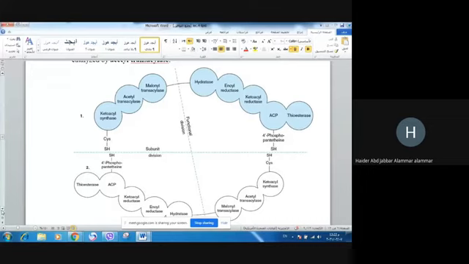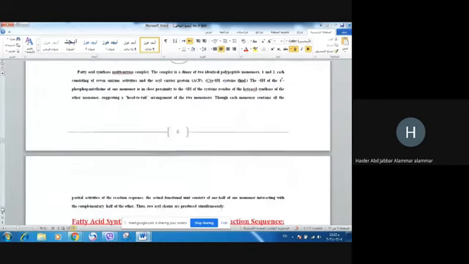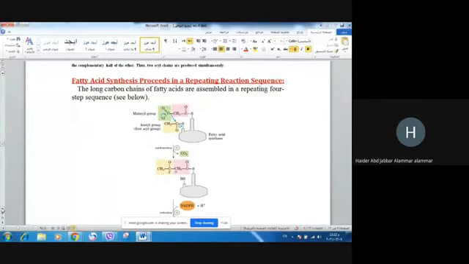Sulfhydryl of cysteine in the ketoacyl synthase will be connected to the sulfhydryl of 4-phosphopantetheine of acyl carrier protein. Only this I want you to know, and this is important to know, because sometime I will ask you about this.